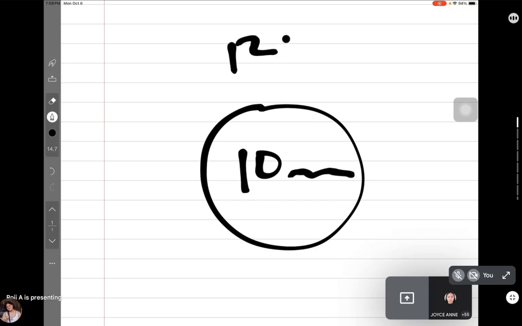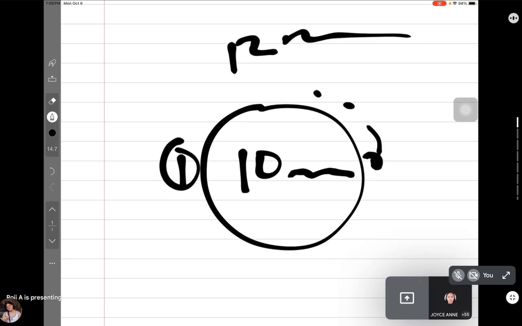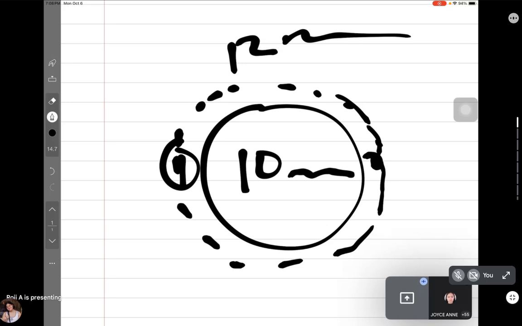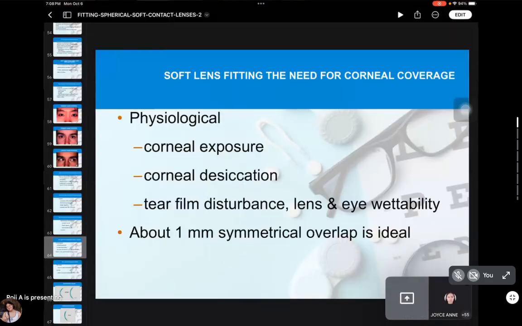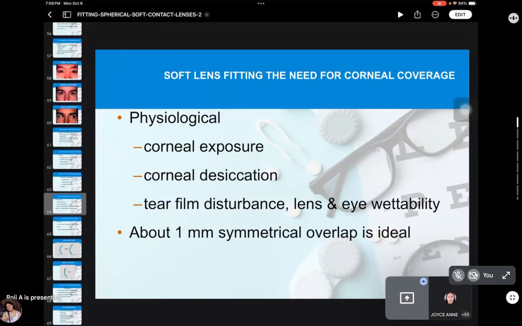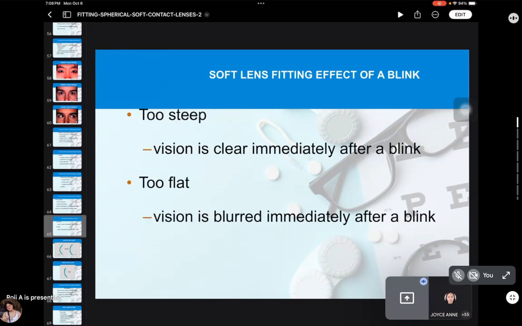Remember? Point 2. 12 millimeters. So 1 millimeter here, 1 millimeter here. This should be the ideal. Correct? Okay. That's your 1 millimeter symmetrical overlap.